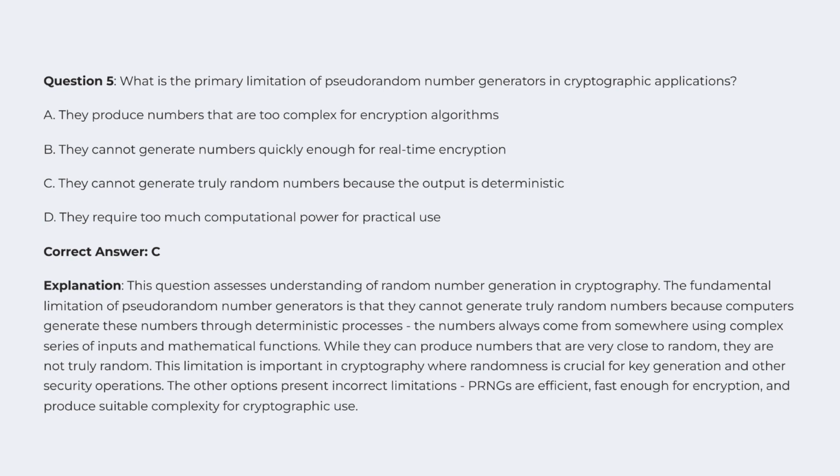While they can produce numbers that are very close to random, they are not truly random. This limitation is important in cryptography, where randomness is crucial for key generation and other security operations. The other options present incorrect limitations. PRNGs are efficient, fast enough for encryption, and produce suitable complexity for cryptographic use.